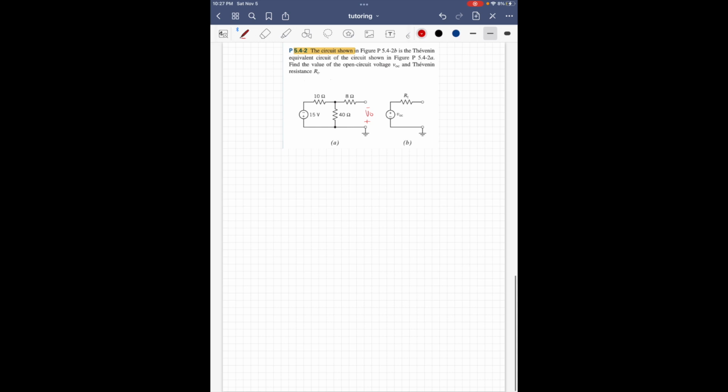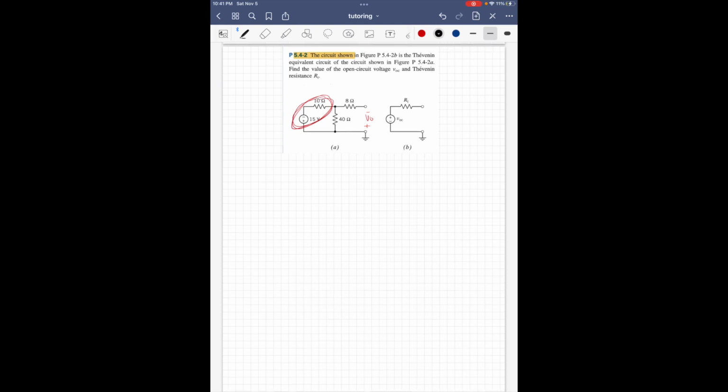So I'm going to start simplifying with transformations by looking at these two. We have a voltage source and a resistor in series, so we can simplify that to a current source with that resistor in parallel.